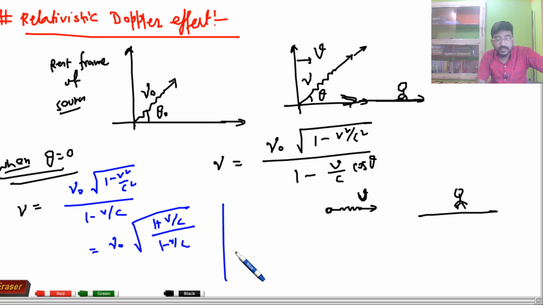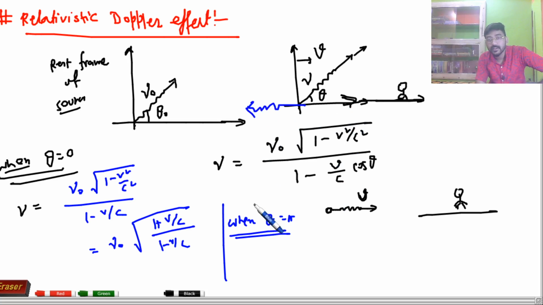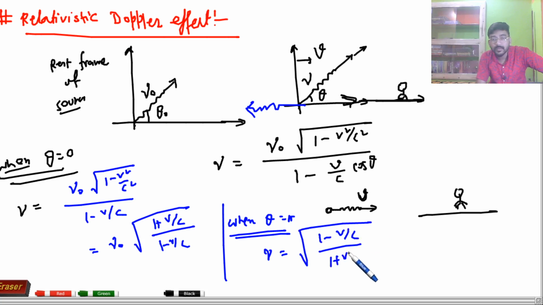But when theta is pi, what does it mean? It means that the light is moving away from the observer, that is in this direction. In that case there will be a plus sign, as cos theta is equal to minus 1. So nu will be in that case root over 1 minus v upon c divided by 1 plus v upon c.